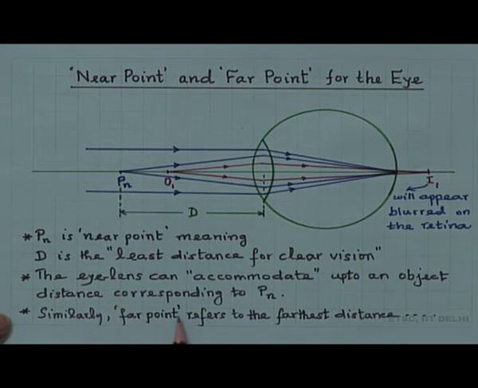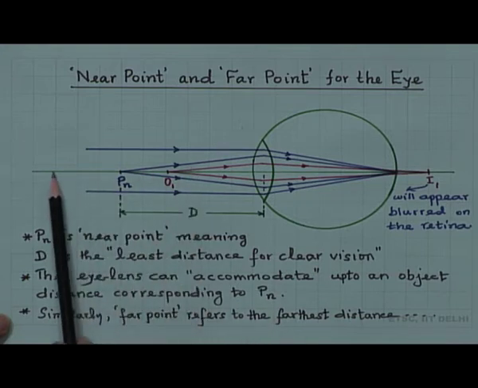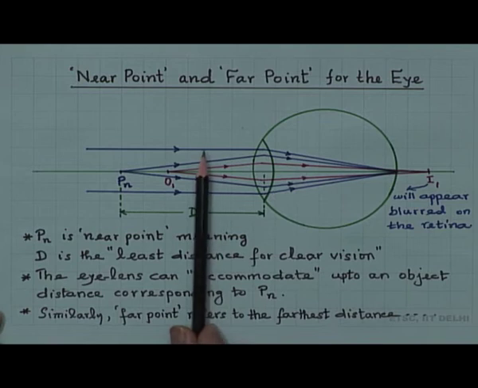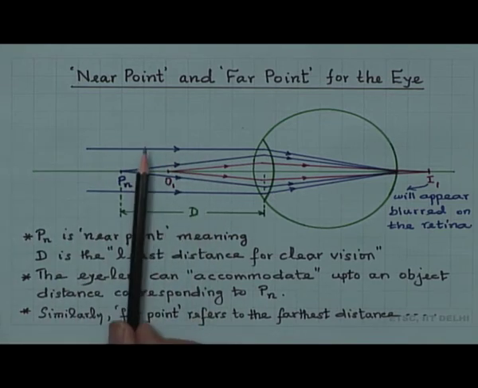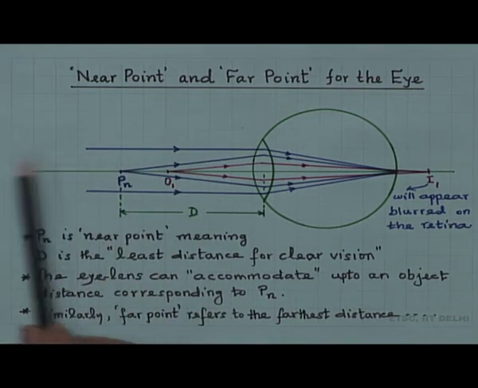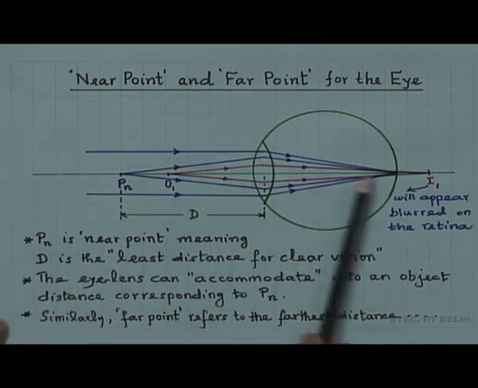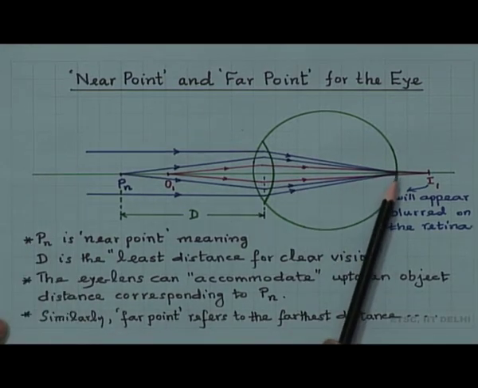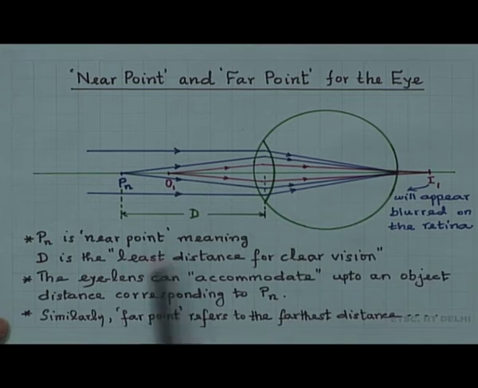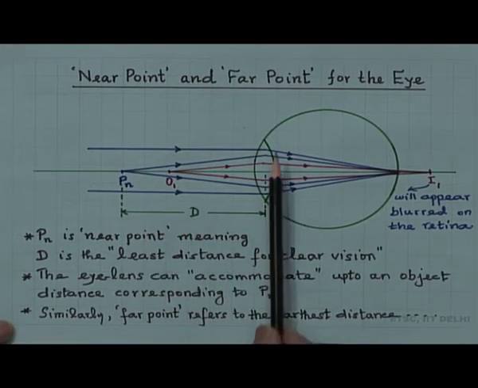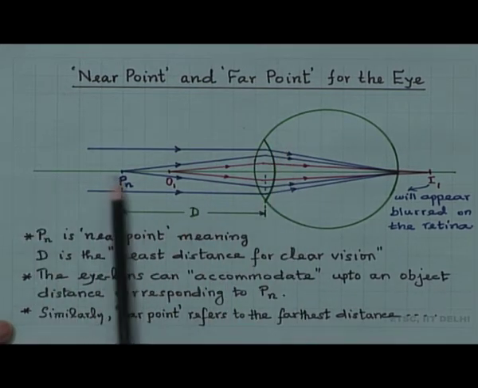Similarly, there is a similar definition for the far point. Far point is the maximum distance. For normal vision, the far point is at infinity. In other words, any object at a very far distance will be focused on the retina. But there are certain persons with certain defects who have a far point.